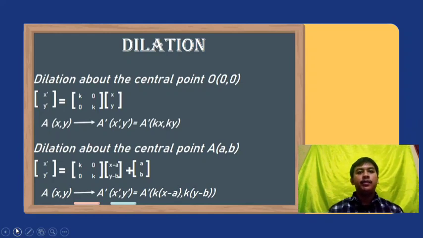In this formula, we add the a and b point into the matrix, so we get the formula by matrix k times (x minus a, y minus b), added by a and b.